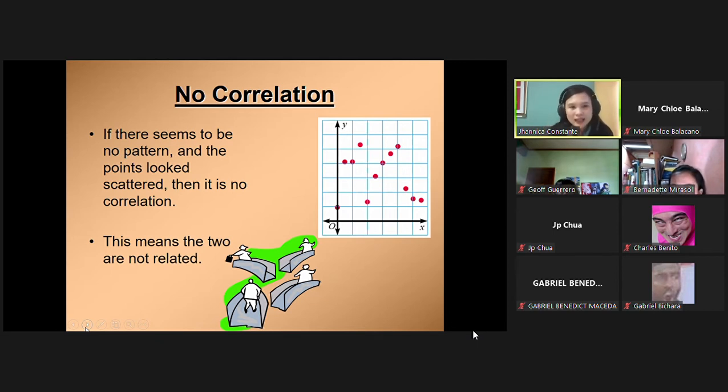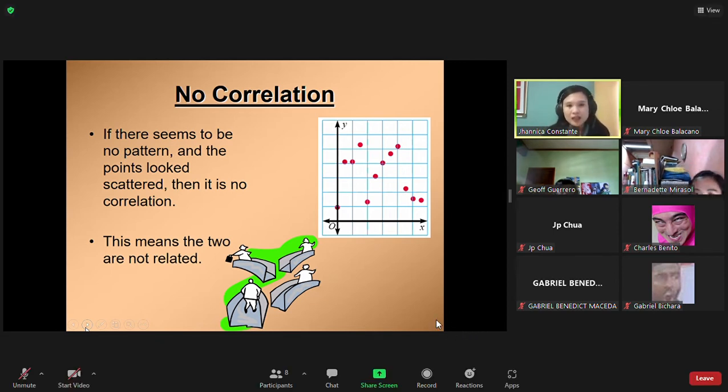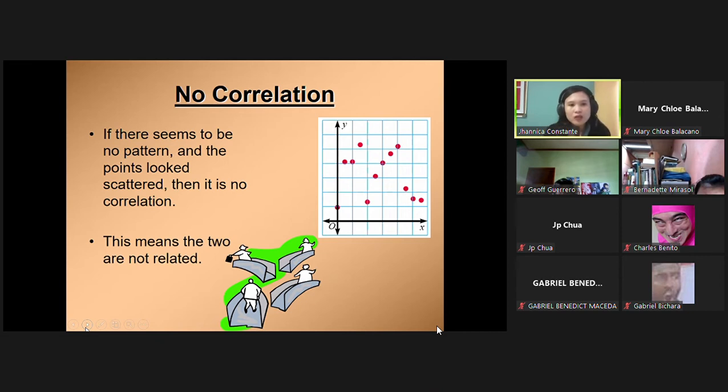Wherever the dots are placed. Okay? So based on that graph, the data doesn't have a correlation. That means the x coordinate and the y coordinate are not related to each other. So it's no correlation.